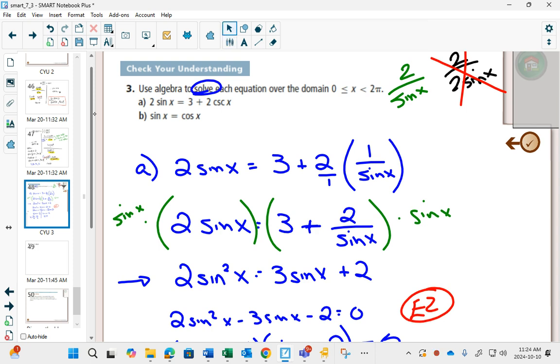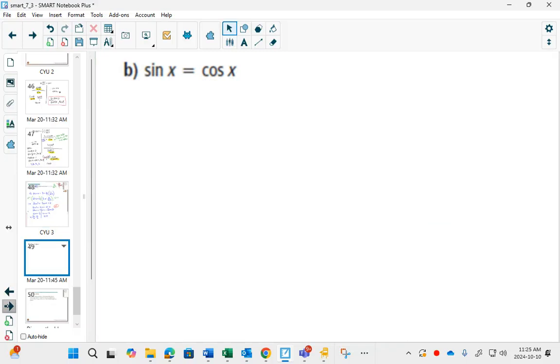I'm going to show you 2 ways that you can do part B. Okay? So for part B, again, you have sin x and you have cos x. So they're 2 different functions. Normally, this means that this equation is not easy to solve. Unfortunately, you can't change sin x into cos x or cos x into sin x.